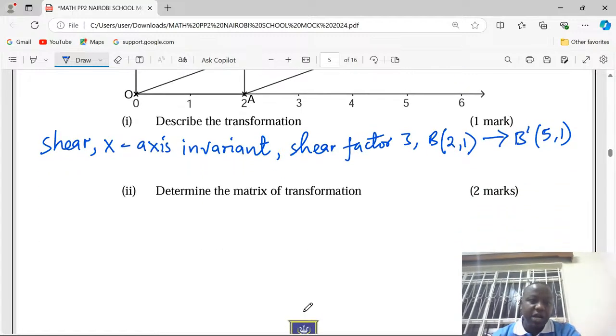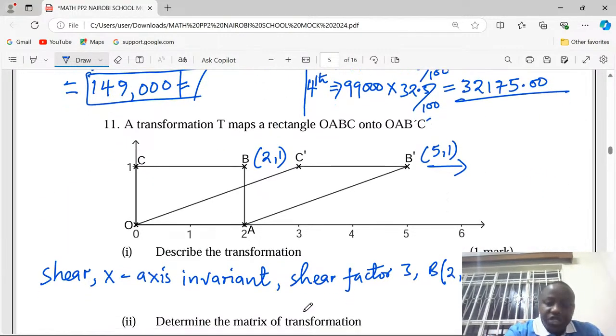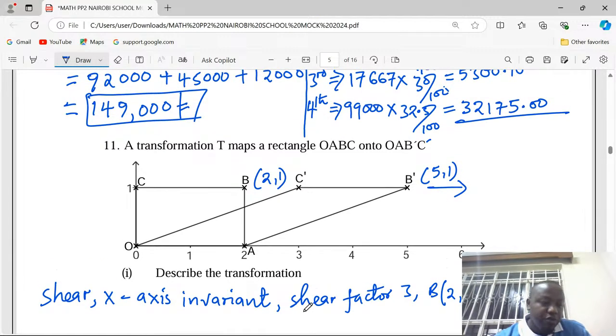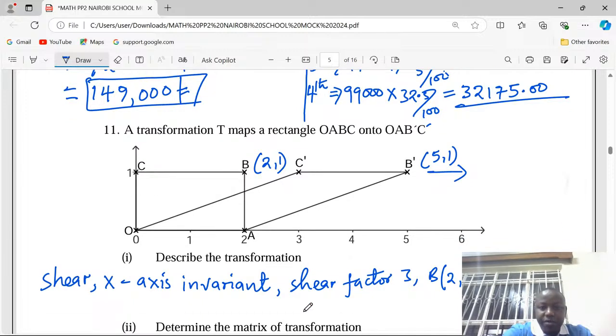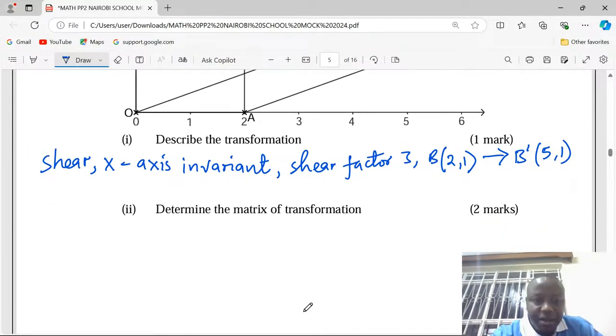So the shear is now fully described. If it was a stretch, we would have talked of the scale factor of the stretch, and we also give the invariant line. But in this case, it is a shear.